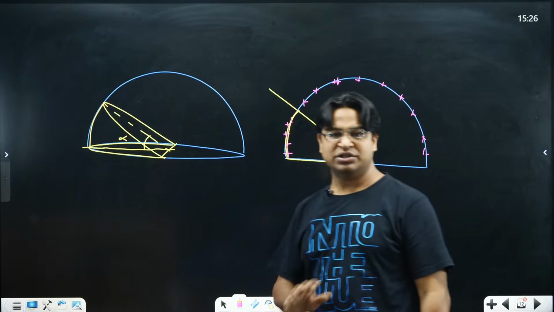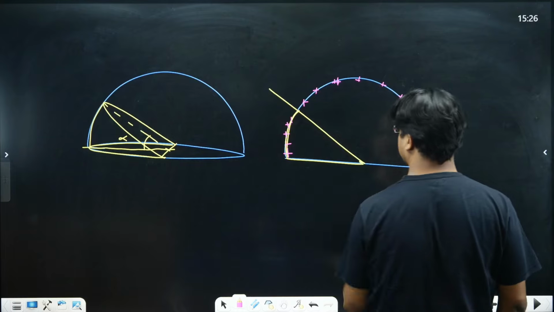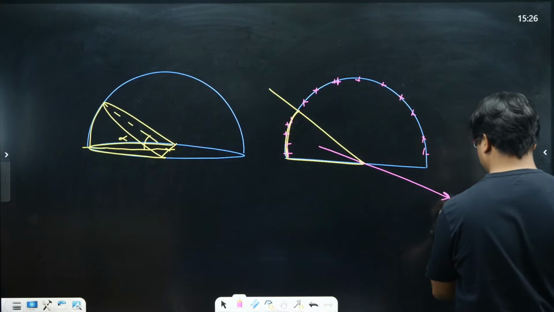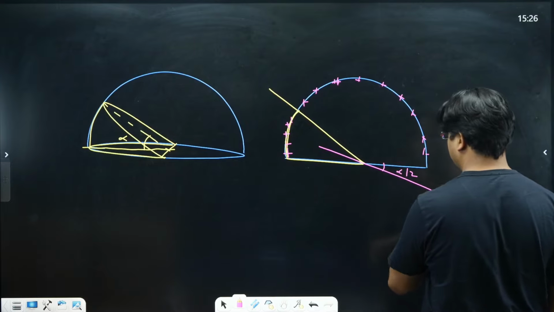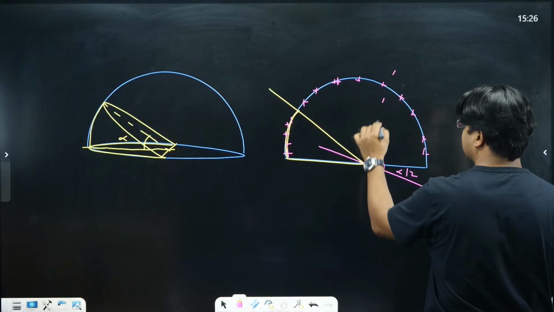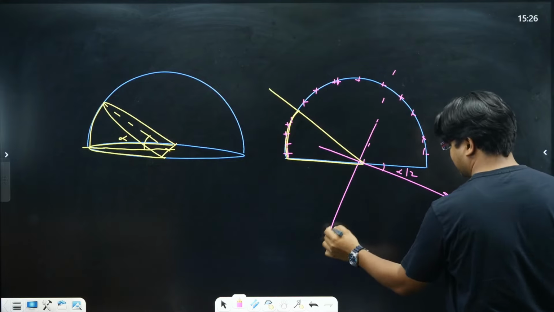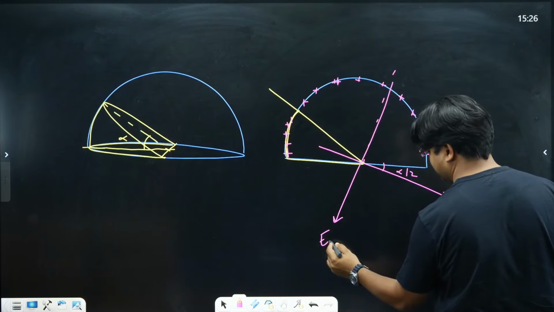This portion is not given to us, but we are assuming it is present there. Now this portion will produce an electric field in this direction. Let's call it E1, and we know that this should be along the angle bisector, alpha by 2. The other portion will also produce along its own angle bisector, like this. Let's say this is E2.